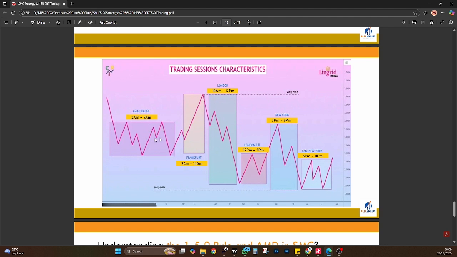From 2 a.m. to 9 a.m. we have the Asian range. Then this move happens, so one side of the Asian range has been taken out. So what is our real move? It is a sell. And this happens almost every day.